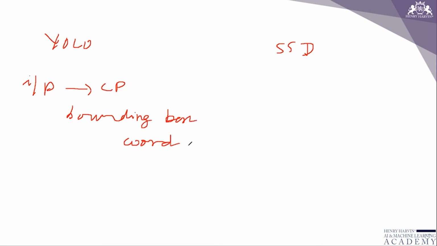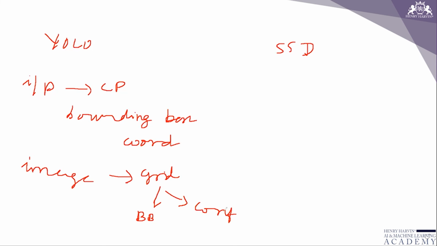YOLO divides every image into a grid of S cross S, and every grid cell predicts N bounding boxes and confidence. The confidence reflects the precision of the bounding box and whether the bounding box in point of fact contains an object, regardless of the defined class.